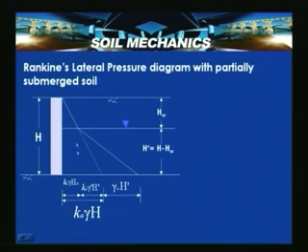So, here at Z equal to 0, earth pressure is 0, and at Z equal to HW, you can see that the earth pressure ordinate is Ka gamma HW, which gets transferred here.